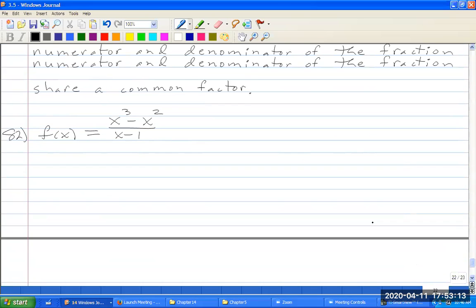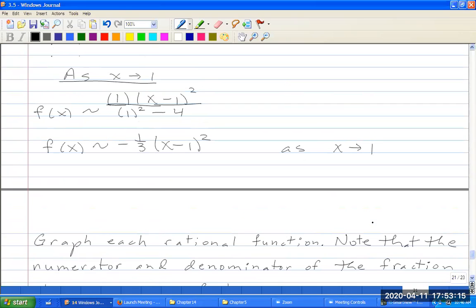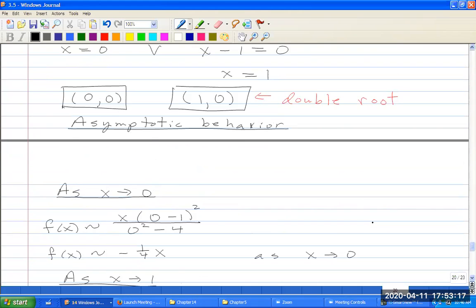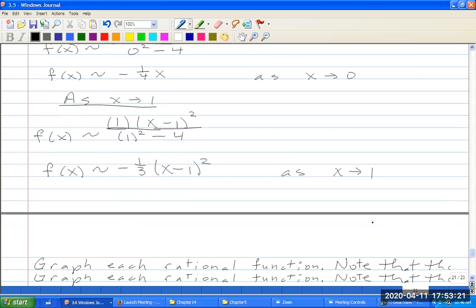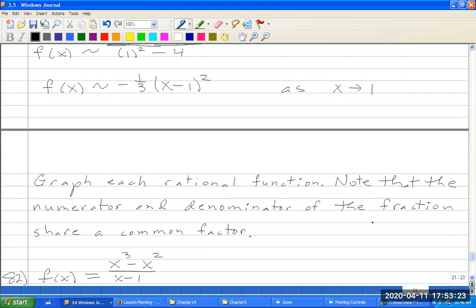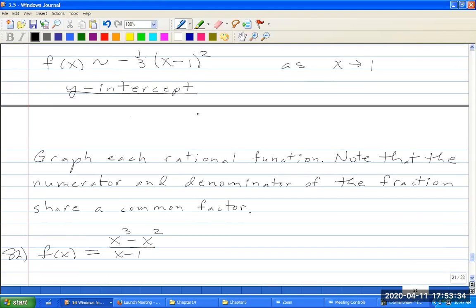Did I do my y-intercept? No, I didn't do my y-intercept. My y-intercept, of course, will just be the origin. So the last thing is the y-intercept. It's the only thing I didn't do. And then I'll sketch a graph.